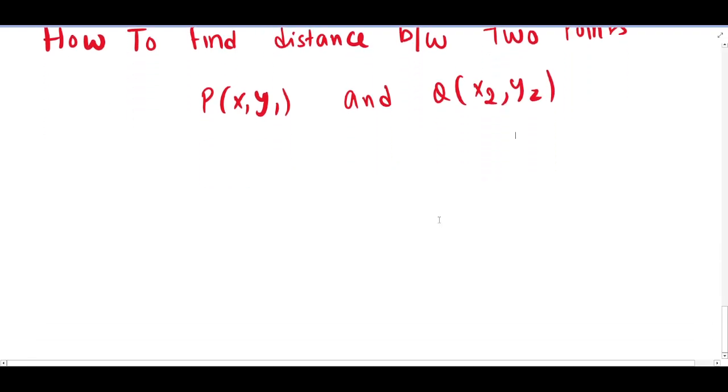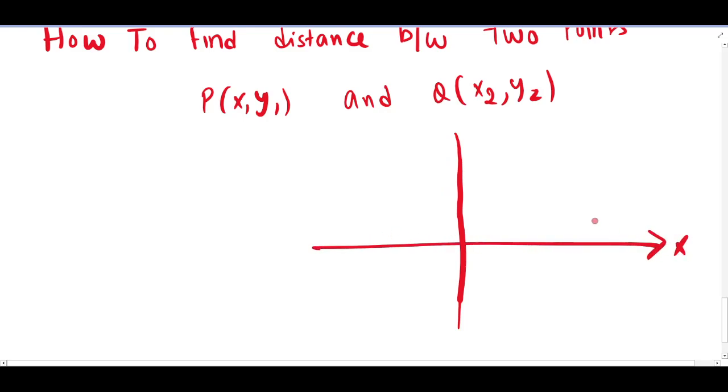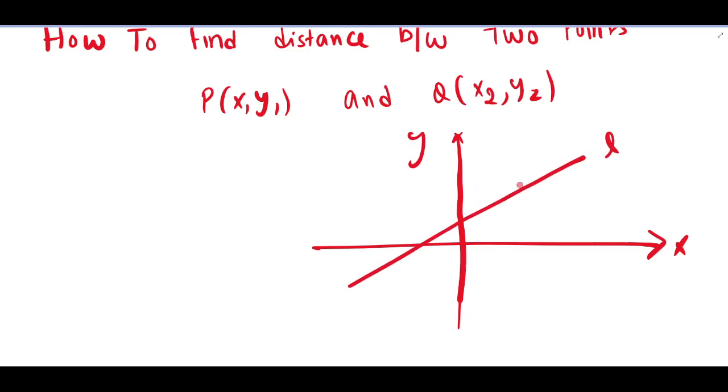So let us create the line on a Cartesian system. This is the x-axis, this is the y-axis. Let the line be L, and we have 2 points P comma Q, where Q is x2 comma y2 and P is x1 comma y1.